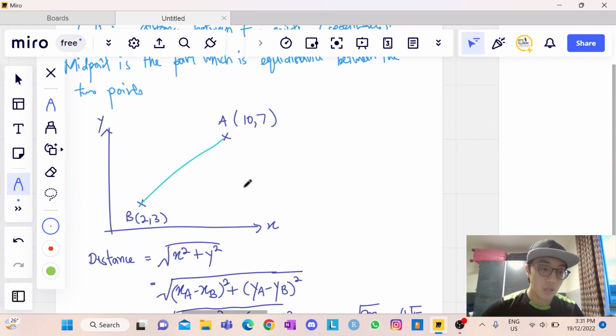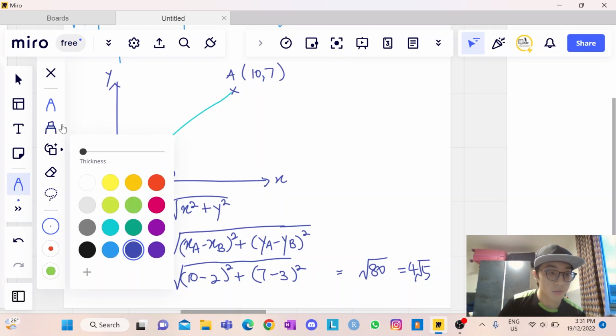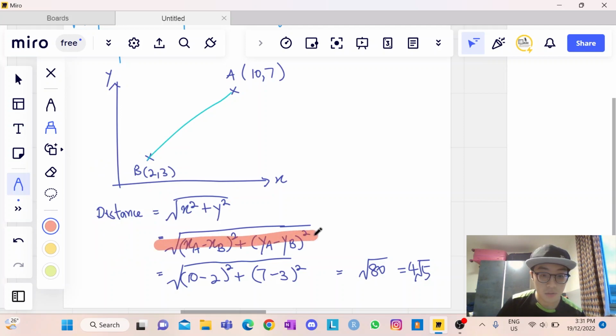All right, so this is how you look for the distance in between two points. There are a lot of theory in between, but I think the most important thing is you will remember this formula right here. How do we use this highlight here? It's just ugly, never mind.